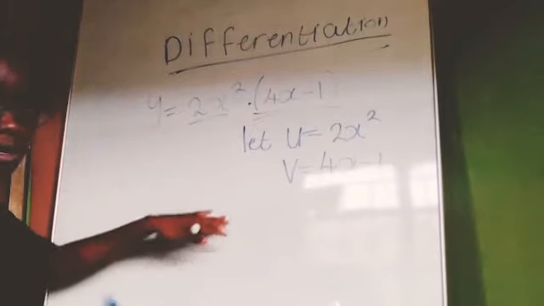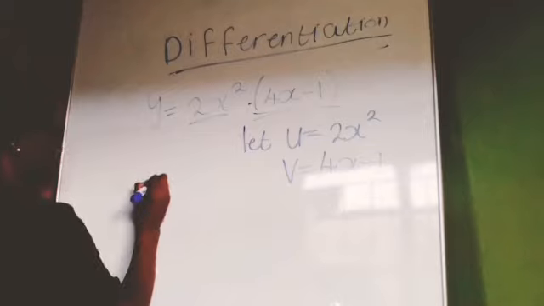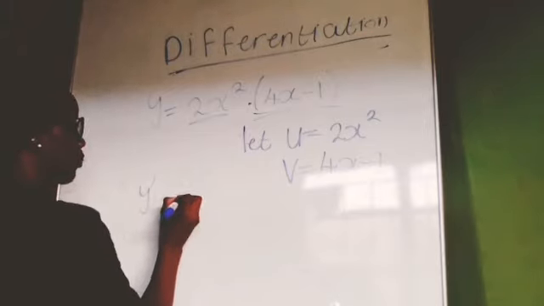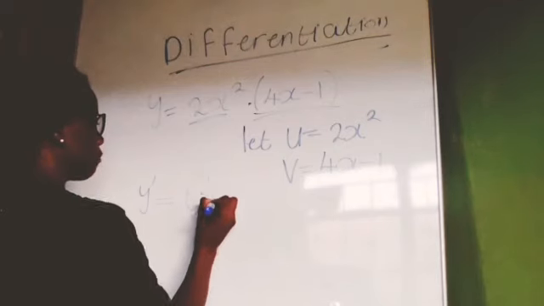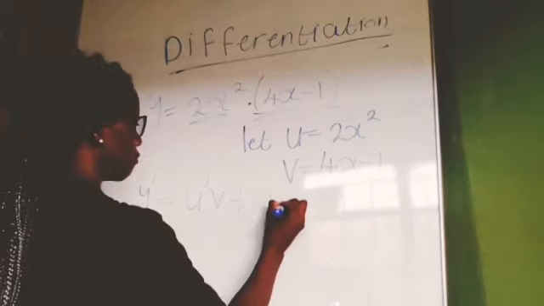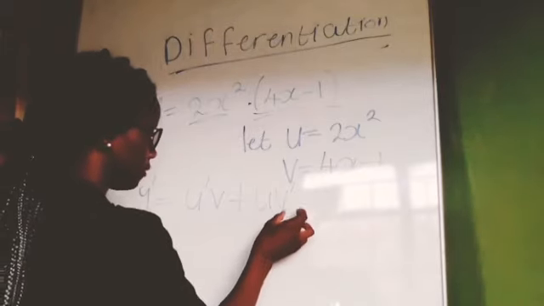And remember, the formula for getting the derivative of this is y prime, which is the same as dy dx, is equal to u prime v plus u v prime. So it is the derivative of u times v plus u times the derivative of v.